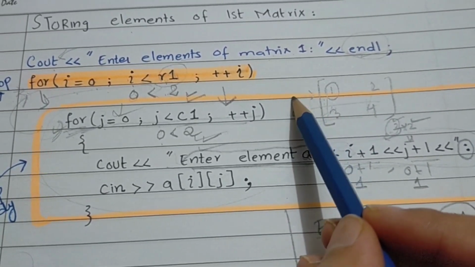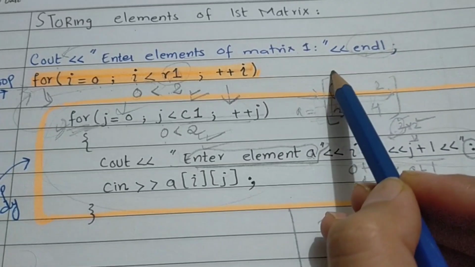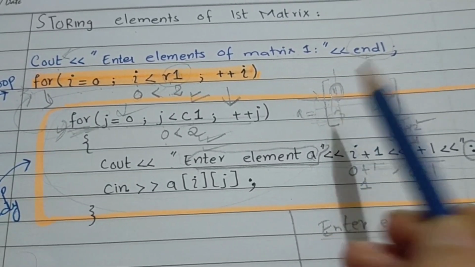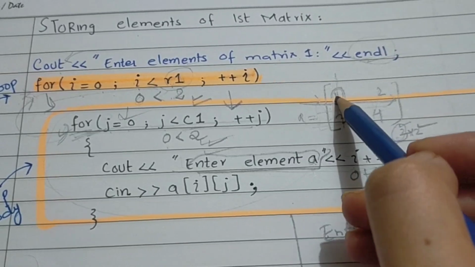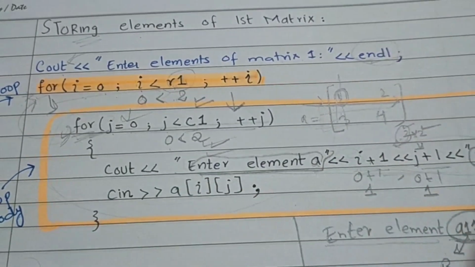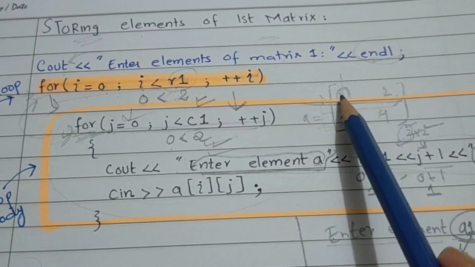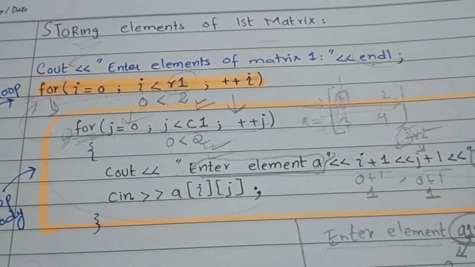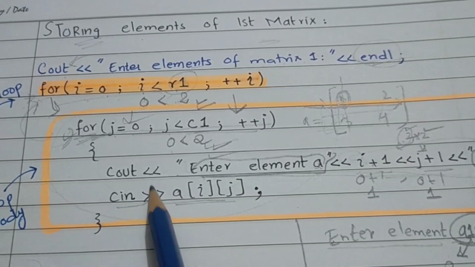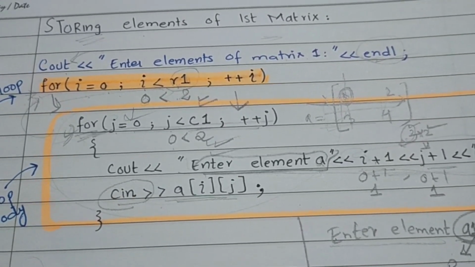The digit will be stored here, as we are storing the elements of the first matrix. The first element will be stored here, but how? Using an array, right? Using the cin statement.